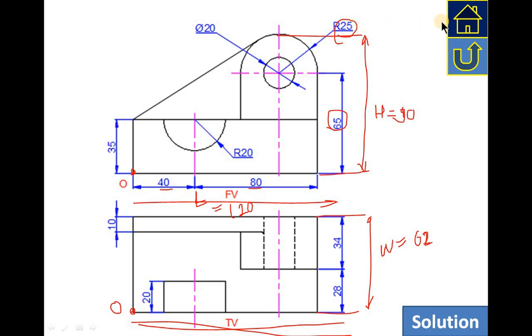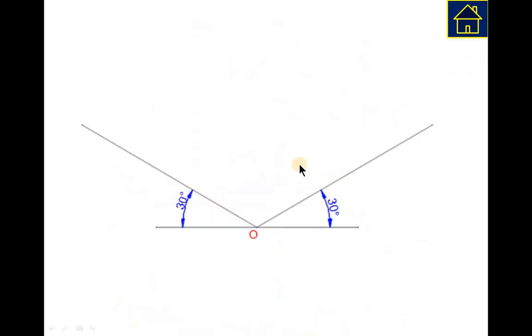So we'll see how you can draw it. This is nothing but the origin, and from this origin one can draw 30 degrees on this side and 30 degrees on this side, which become the left and right hand sides of your object.